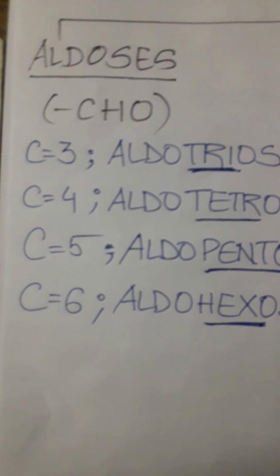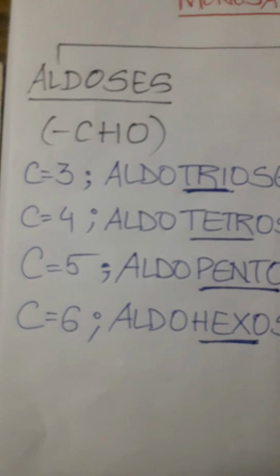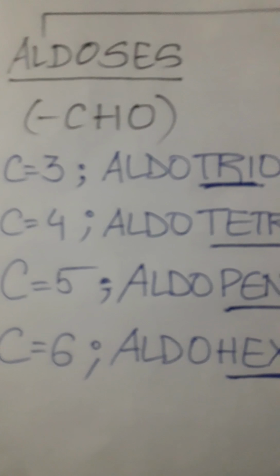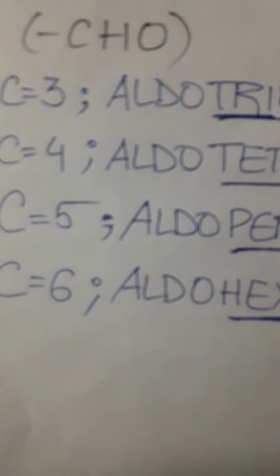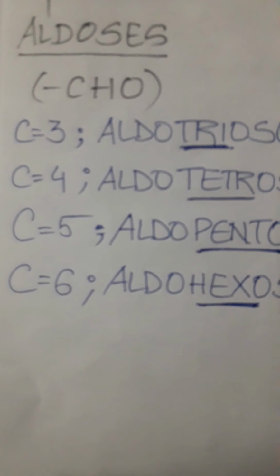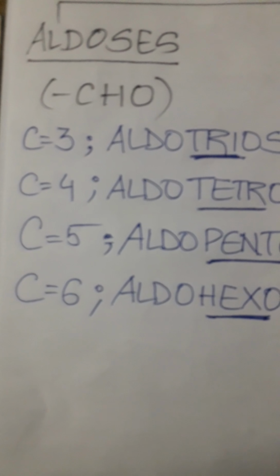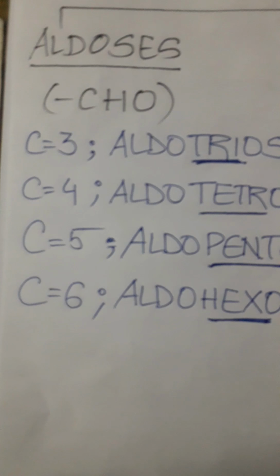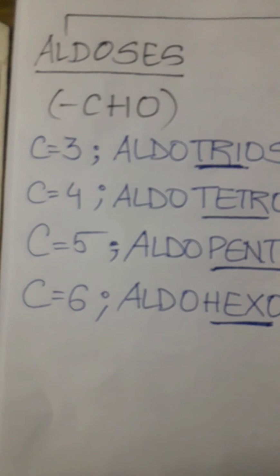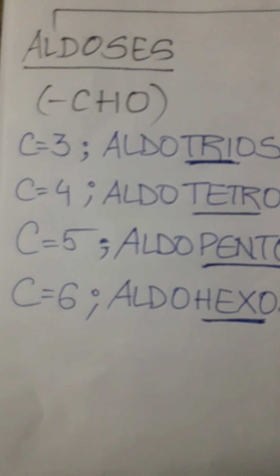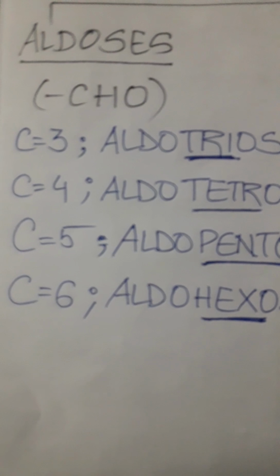If there are 3 carbon atoms and the monosaccharide contains an aldehydic group, that is the CHO group, then you have to add a prefix, that is aldo. So with 3 carbon atoms, you say aldotriose.